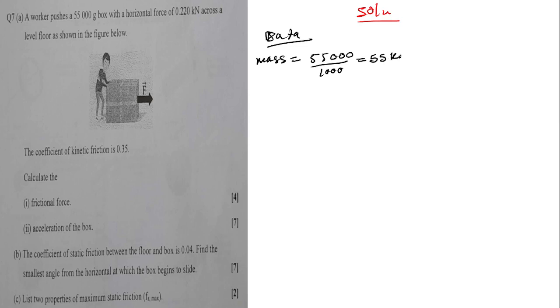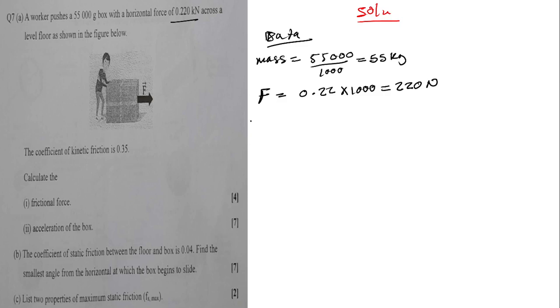The other thing we have been given is the horizontal force, which is simply 0.22 kilonewtons. We multiply it by 1000 so that we have it in newtons. 0.22 times 1000 is simply 220 newtons.